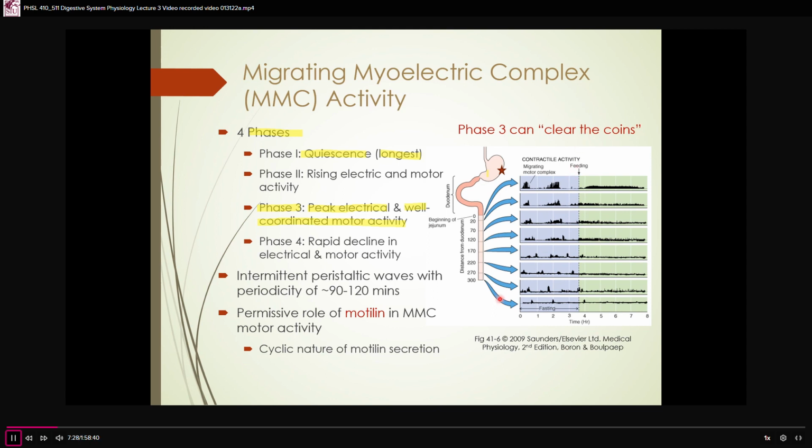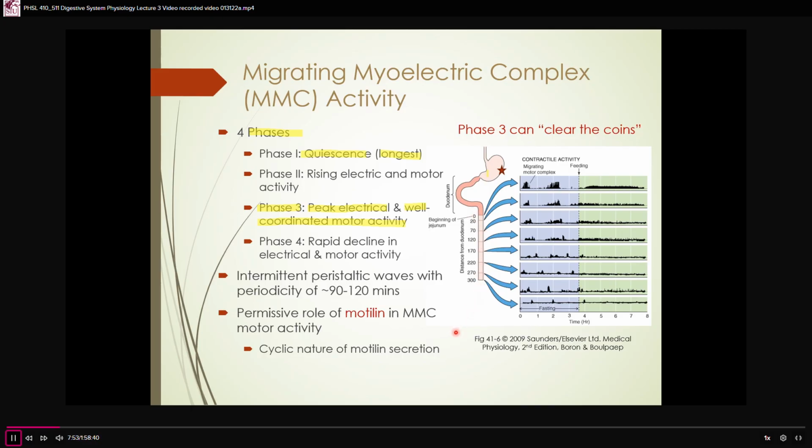Remember, your small intestine ends at the ileocecal junction, and beyond that is the cecum and all that bacteria down in your large intestine. And some of that bacteria is also always migrating upward through the small intestine. So many of these MMC contractions start up here in the stomach. They sweep through the caudate end of the stomach and then through this junction and all the way through the whole small intestine.